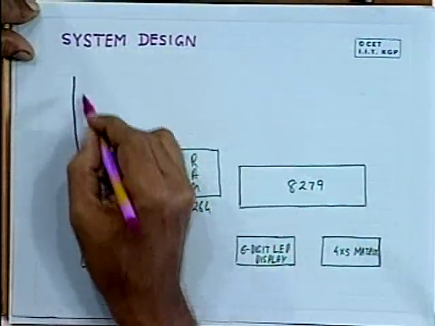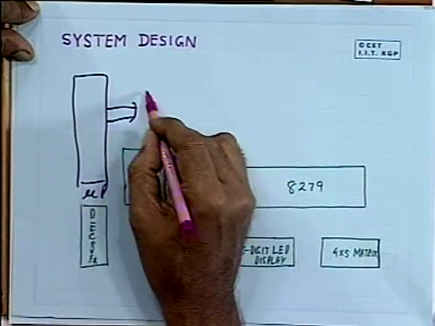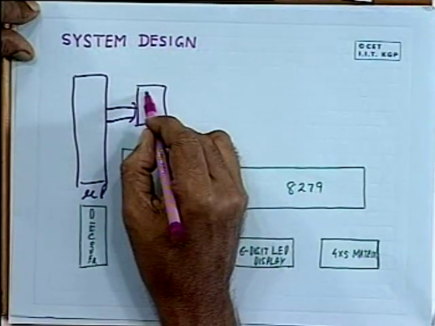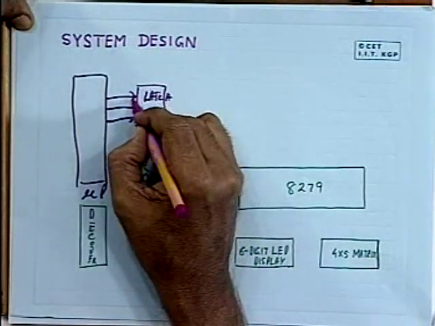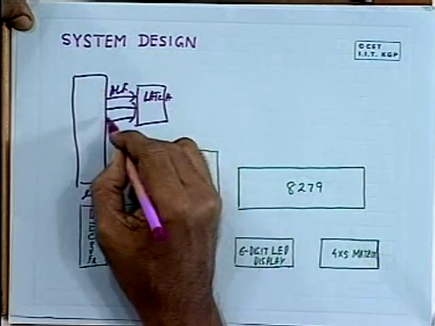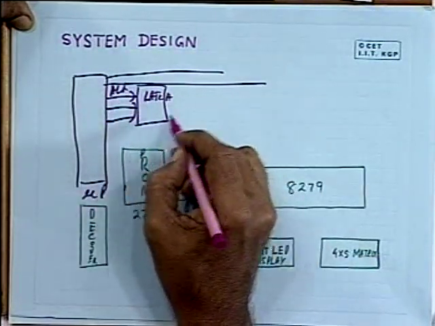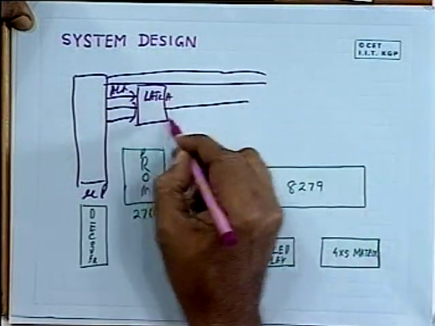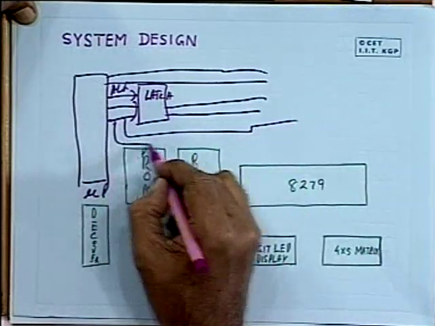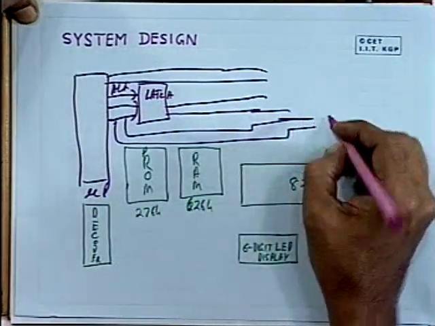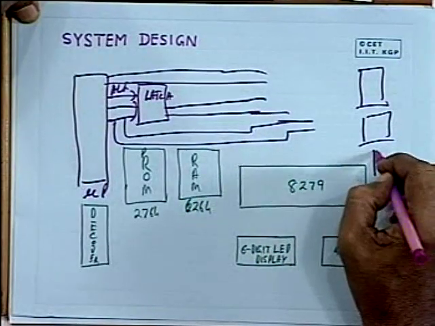So the microprocessor will be provided with a latch. This is the latch which will come from the ALE, and this is the AD0 to 7, and the addresses will be there, and we have already discussed the other addresses will come from here, and this will come from the data lines, and you will use the device drivers at the output.